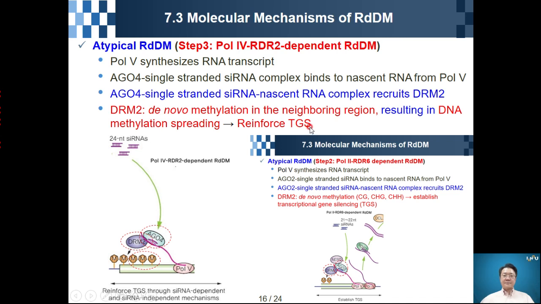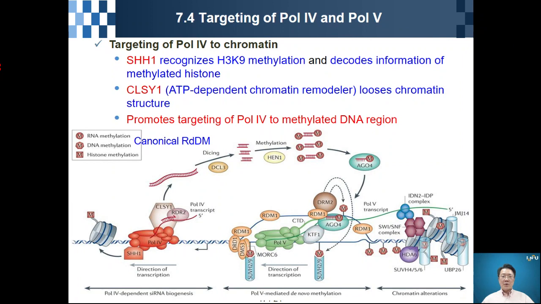Okay. So in this slide, I will explain the fourth subject, targeting of polymerase 4 and targeting of polymerase 5. This is the canonical RdDM, which is composed of step 1, step 2, and step 3. During step 1, polymerase 4 is targeted to the DNA region.